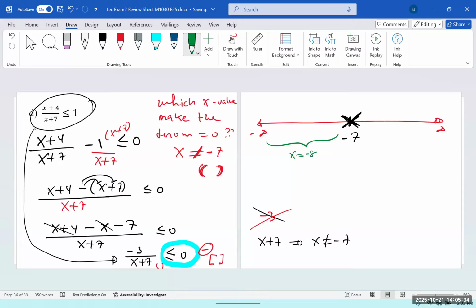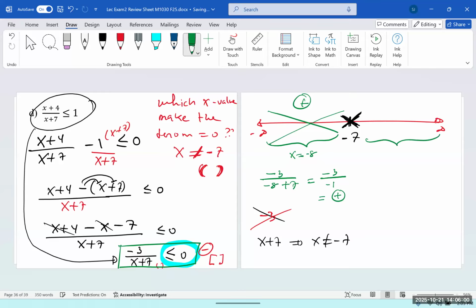And then substitute here. We have negative 3 over negative 8 plus 7. So negative 3 over, what is negative 8 plus 7? Negative 1. And negative divided by negative is positive. Are you looking for positive? So this is not the solution.